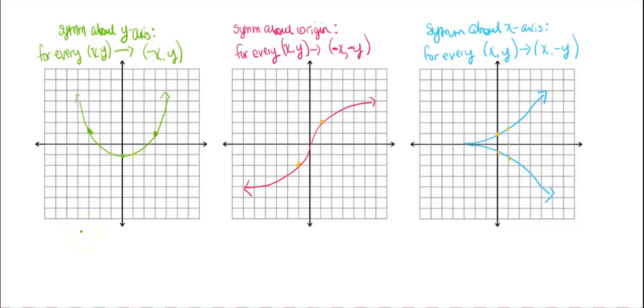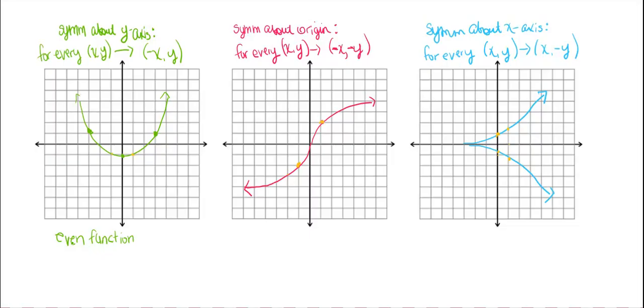So what does this have to do with even and odd functions? Well, every function that is symmetric about the y-axis is considered to be an even function. That means for every x, y in an even function, there's going to be a negative x, y in that function as well.